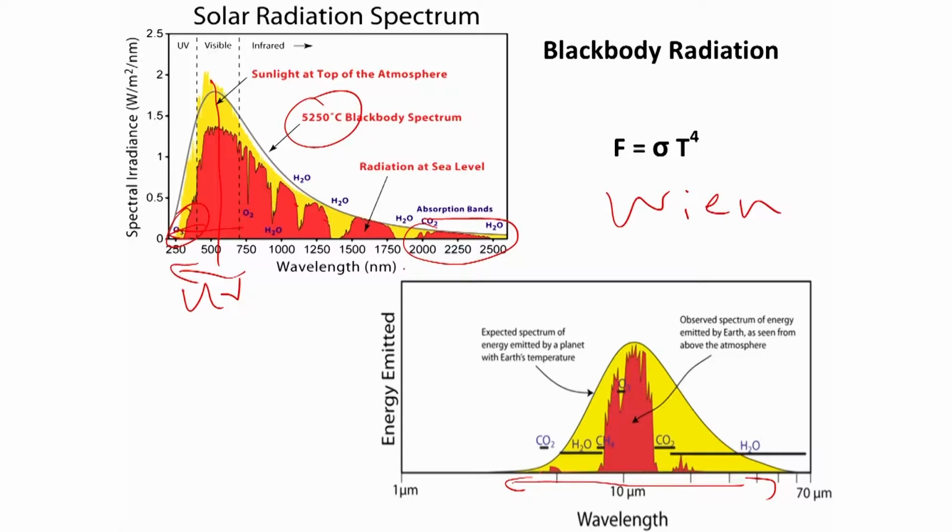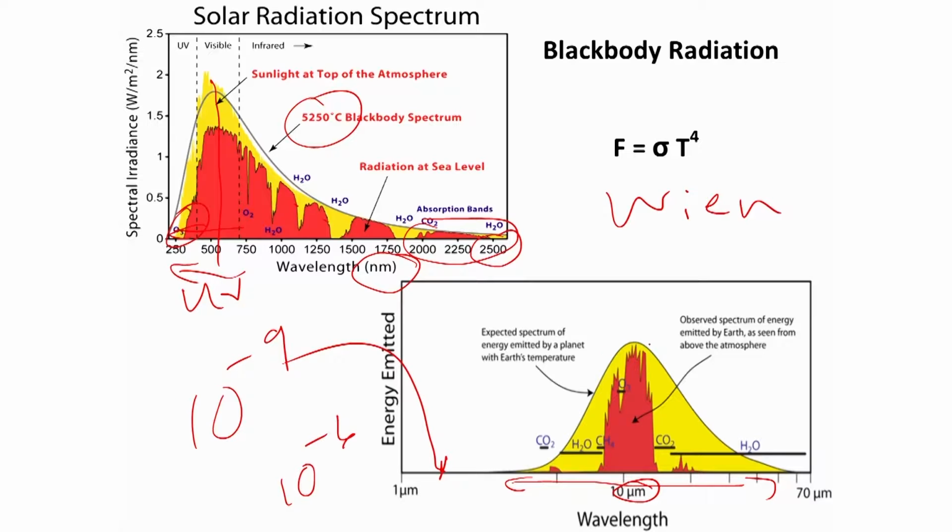First thing to note, this is in nanometers, that is 10 to the minus 9 meters, whereas this is in micrometers, so that is 10 to the minus 6. This is about 2.5 micrometers, so that is somewhere here. The radiation spectra of the sun and the earth are completely separated. If you put the sun, it will be somewhere here.